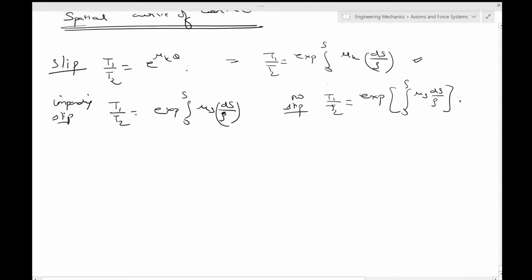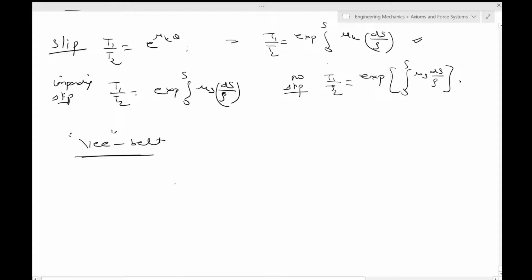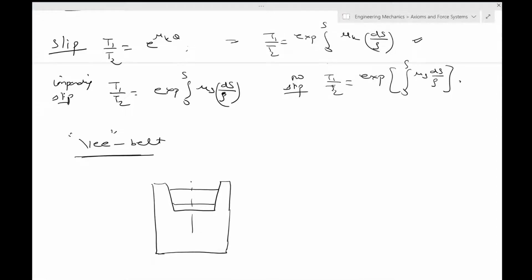Now let's consider a so-called V belt. So the way it looks like is this. Let me first draw what the belt is. This is the whole belt, and this angle is alpha.